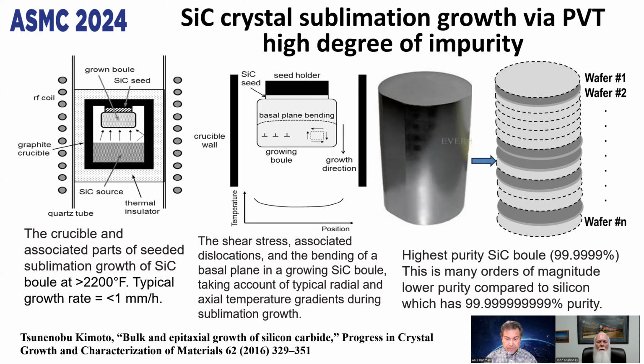It's a review paper, but he showed the process of sublimation and deposition, or physical vapor transport, how it happens. So first you have the silicon carbide source, which is basically silicon and carbon material, and then they are evaporated at high temperature.